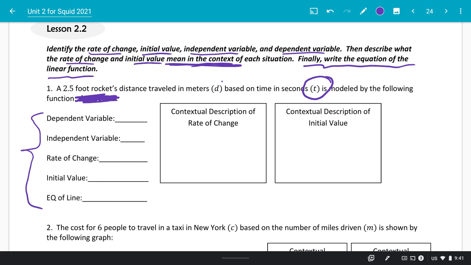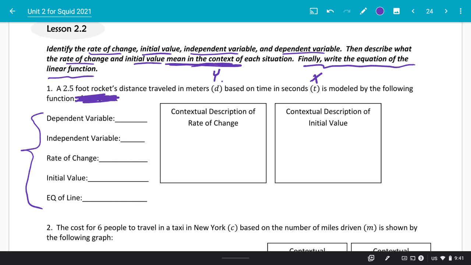Okay, so she's saying that our T is our X and our D is our Y. What do you think, Devin? What do you think? You agree? Okay.